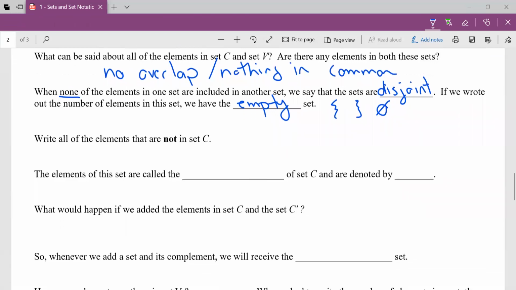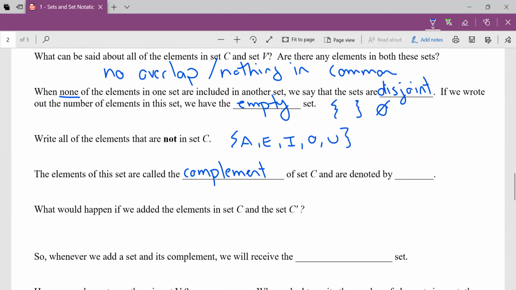Write out all of the elements that are not in set C. Well, if I'm not in set C, that means if I'm not a consonant, I'm a vowel, right? That's A, E, I, O, U. The elements of this set are called the complement of set C. And not the compliment like, geez, you're pretty.